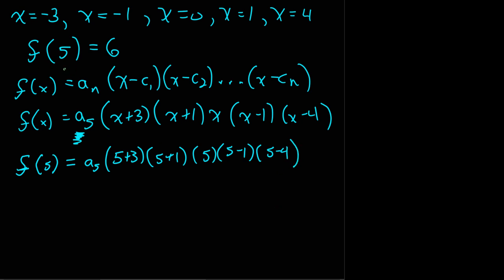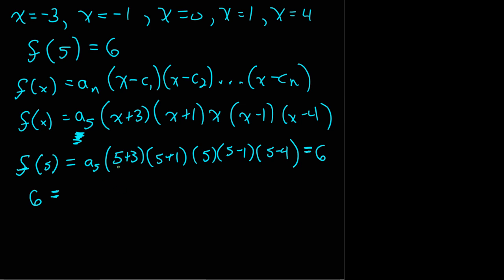But we know that f of 5 is equal to 6. And now all of these have turned to numbers. I don't have to worry about anything being cubic or quartic or quintic or whatever nth power I have there. I have a series of numbers and my variable. So I'll put my 6 on my left hand side for right now.